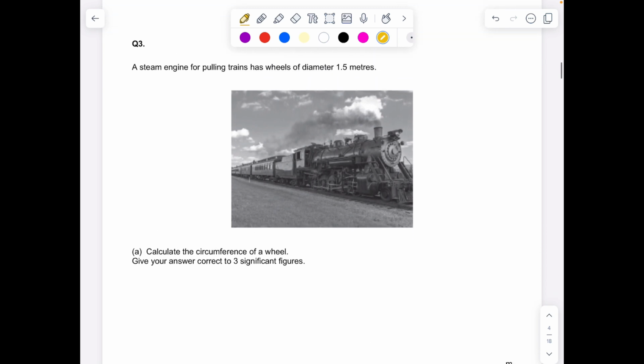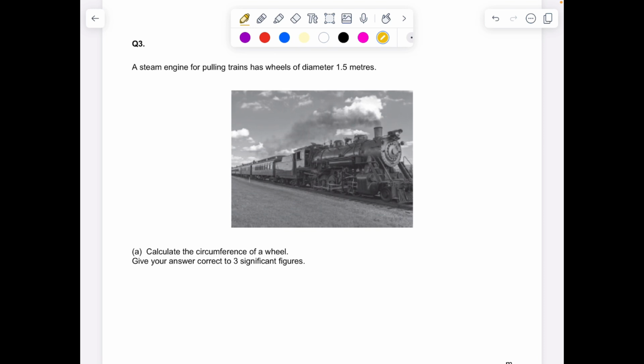Next one. So a steam engine for pulling trains has wheels of diameter 1.5 meters, and it wants the circumference. Now be careful. Remember, there are 2 ways of working out the circumference: either pi times diameter or 2 times pi times radius.